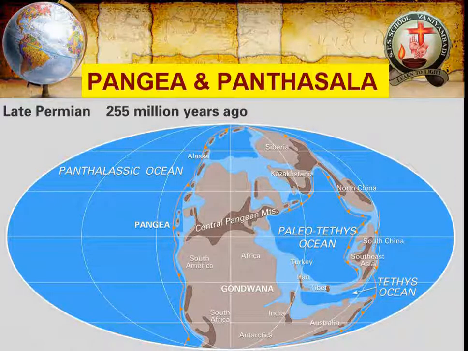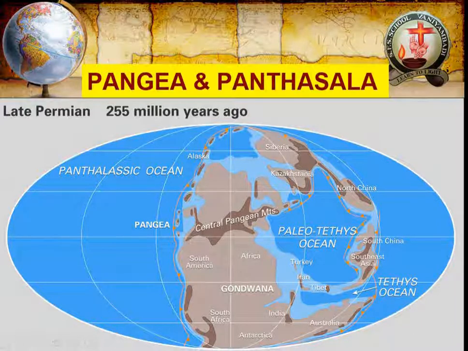So the Earth was made up of a single land mass called Pangaea, and a single ocean surrounding it is called Pantasala. You can see here, only a single land is there, and the water bodies which are blue in color are called ocean.